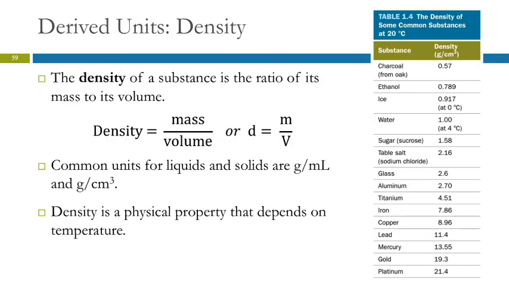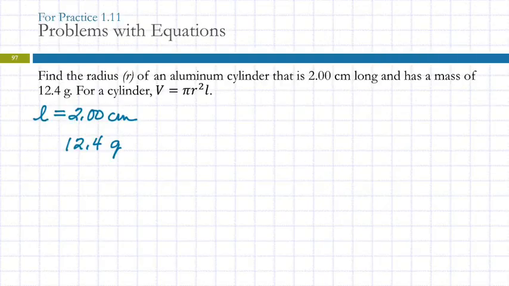Aluminum. See it? 2.70 grams per cubic centimeter.